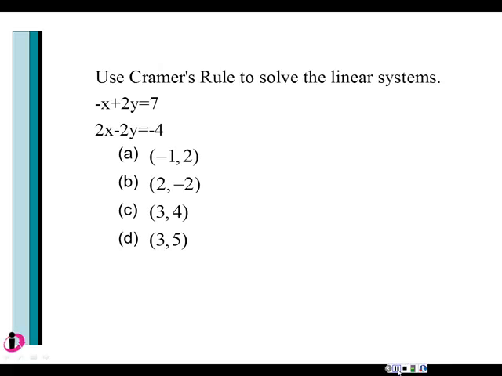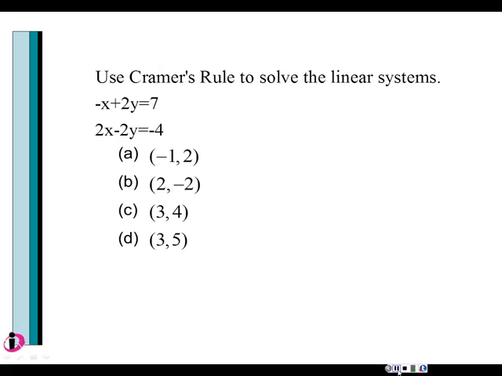For y, since we have the same denominator, just let's write -2 here. This denominator will be -2. For the numerator, we multiply -1 times -4, which becomes 4, and then we have a negative sign, and we multiply 7 times 2, which is 14.